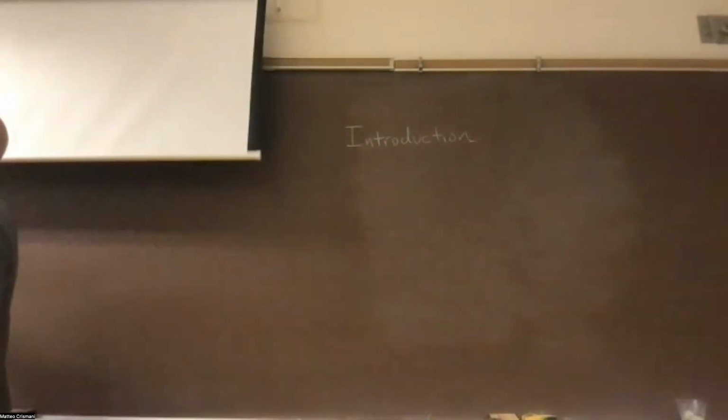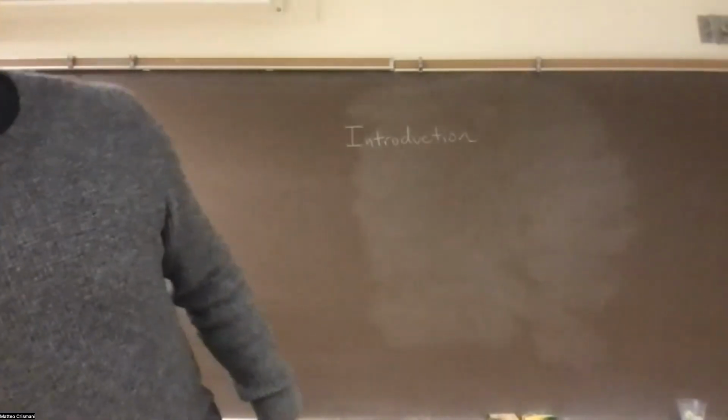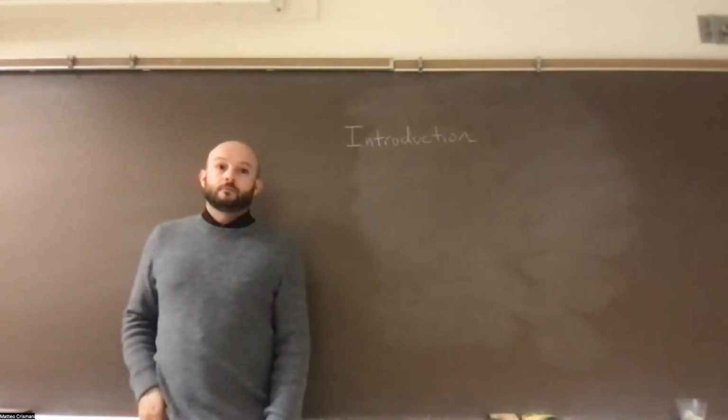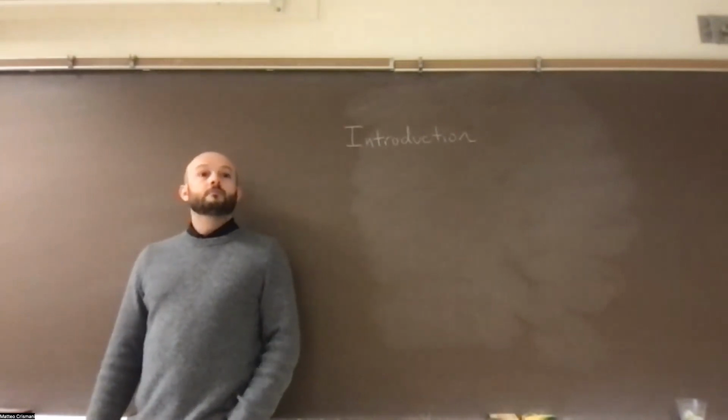So let's think about it. What does an introduction do? It goes into the background and relevant ideas that you should be prepared for the rest of the scope. Right.